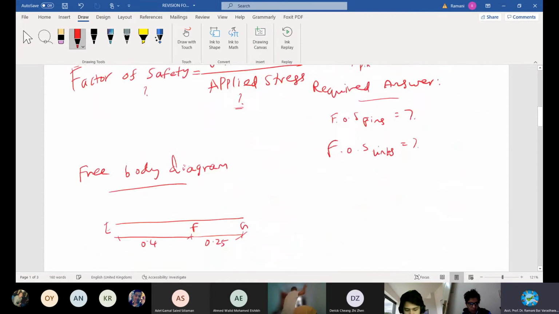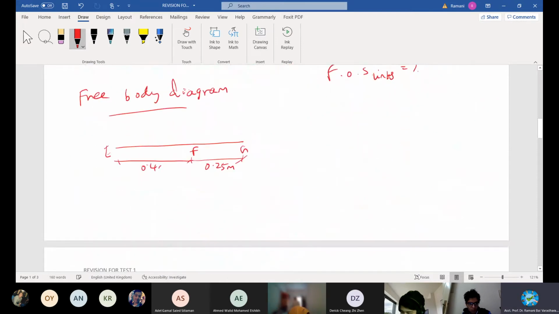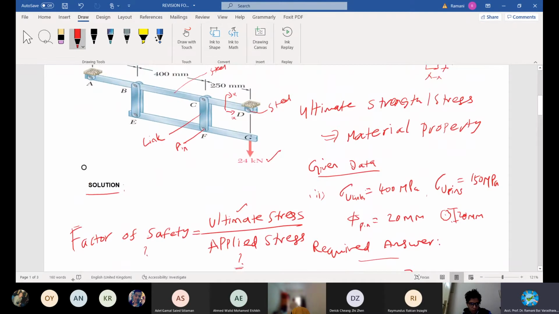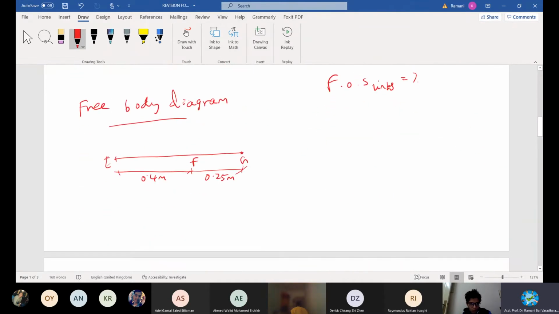Oh, meters. I changed to meters only. Right? These points we have done. Again, pin. Remember, this is pin. Don't forget. And then C can be translated to F, B to E, and then loading at G.